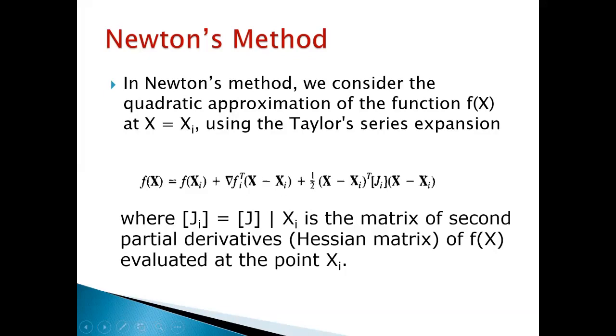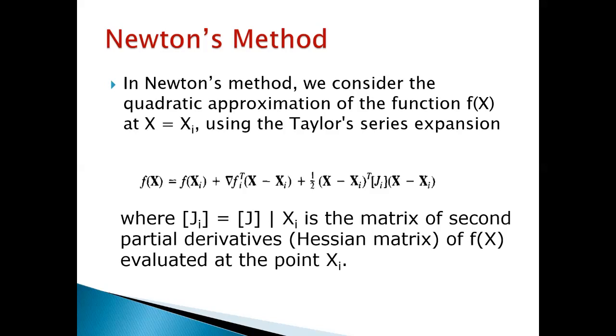Now, another method in the derivative based optimization technique is Newton's method. We consider the quadratic approximation of the function f(x). First, let me tell you that the disadvantage of the steepest descent method is that it creates oscillation near the optimal point. So to avoid that, we try another optimization method, that is Newton method.